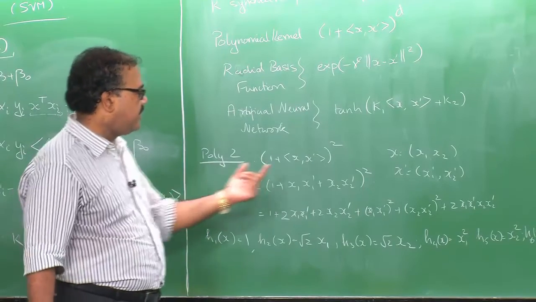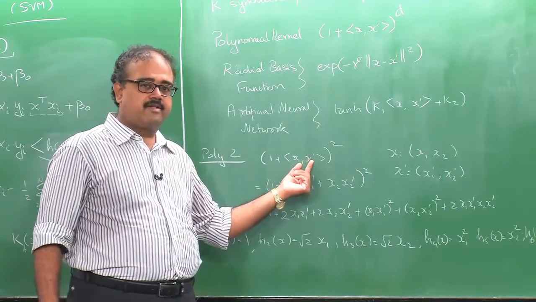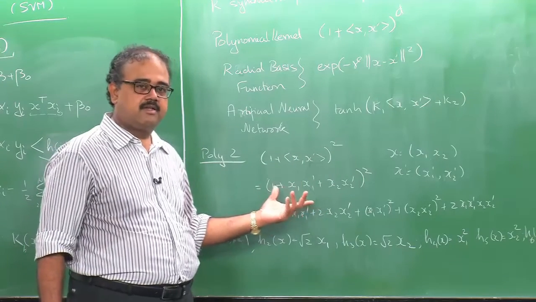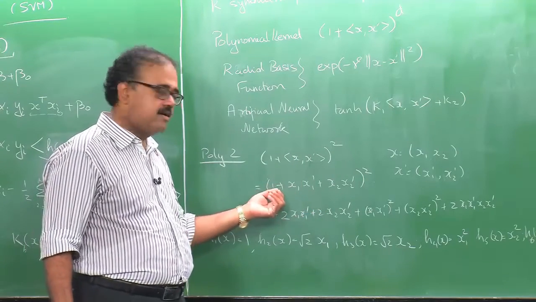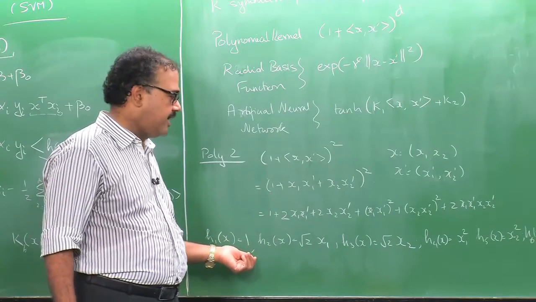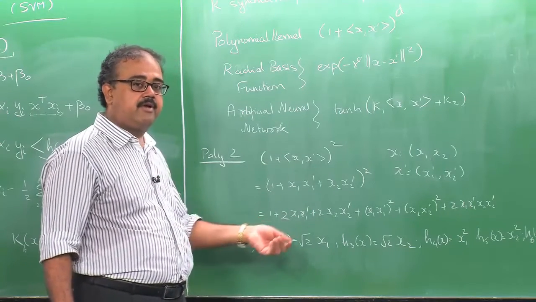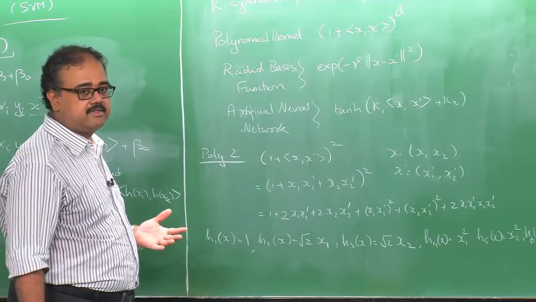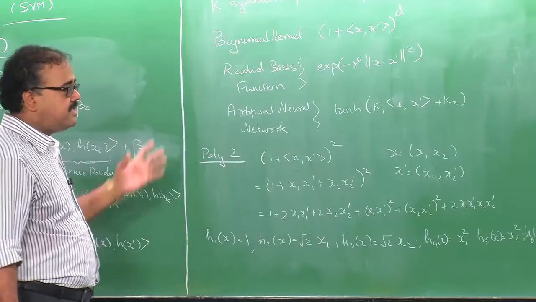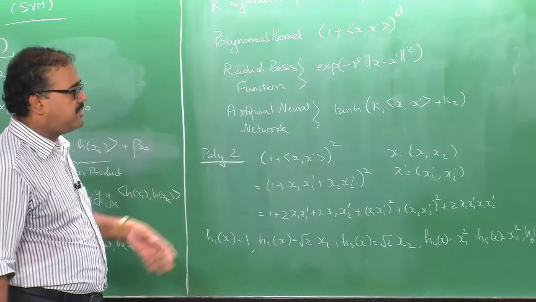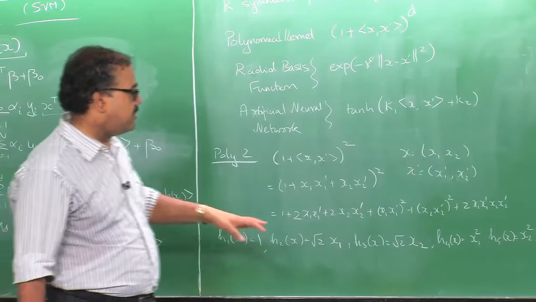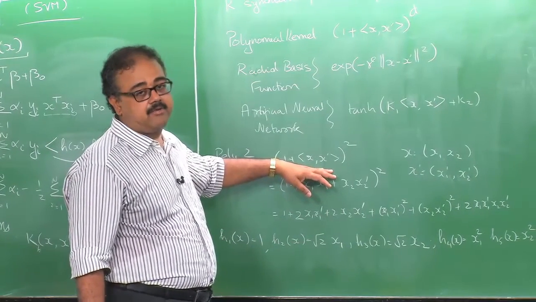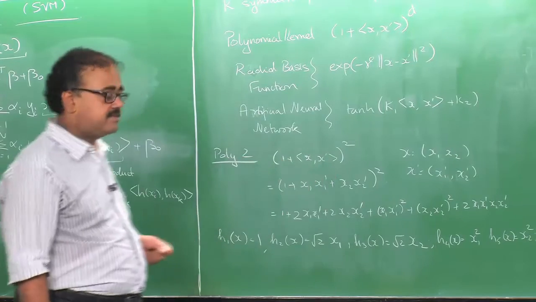So, what we have done here is take the inner product in a 2-dimensional space and perform a squaring operation. That gives me a number equal to the number I would get by first transforming the data point from 2 dimensions to 6 dimensions and then taking the inner product in the 6-dimensional space. Essentially, this allows us to work in a much higher dimensional space than originally intended, by only looking at inner product computations in the original space.